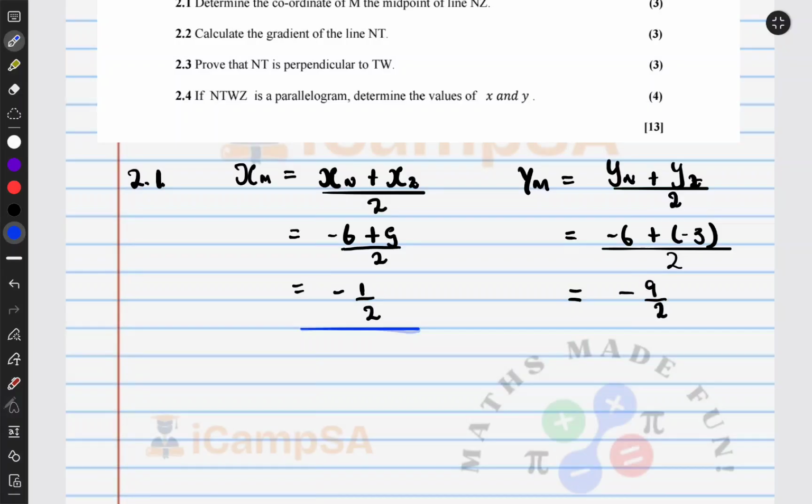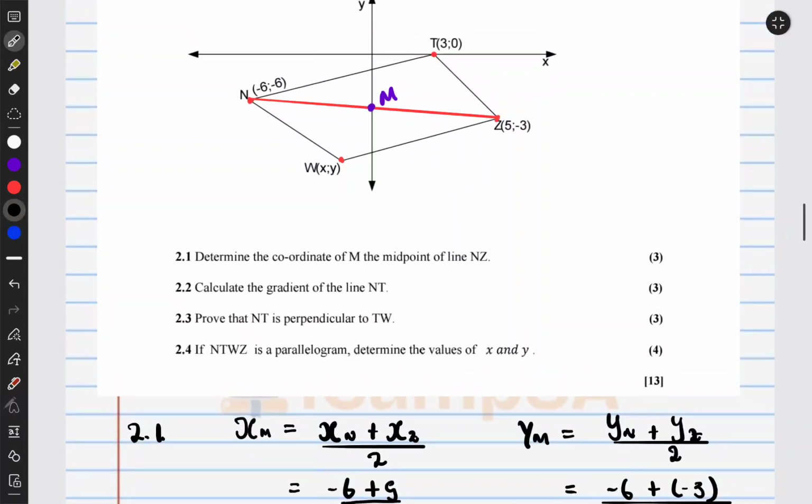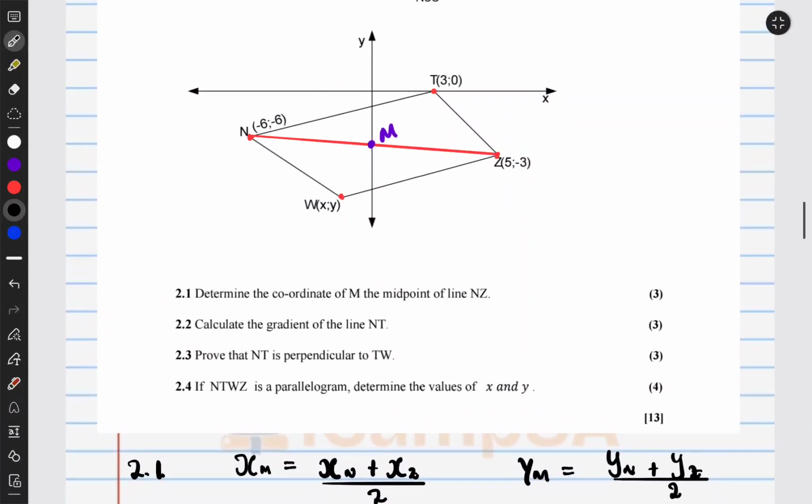So these are basically the coordinates of M. We can write it as such: M is (-1/2; -9/2). Okay, and then from there we are asked to calculate the gradient of the line NT.